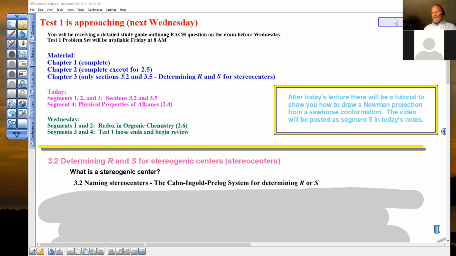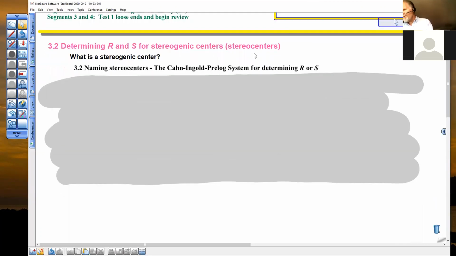So we're going to proceed today with determining R and S for stereogenic centers. We don't know what a stereogenic center is, except we have a hint that we can use a short form. I guess that would be what we call a portmanteau. Took the first part of this name and the second part of this name, the whole name, call it stereocenters. And what is a stereogenic center?